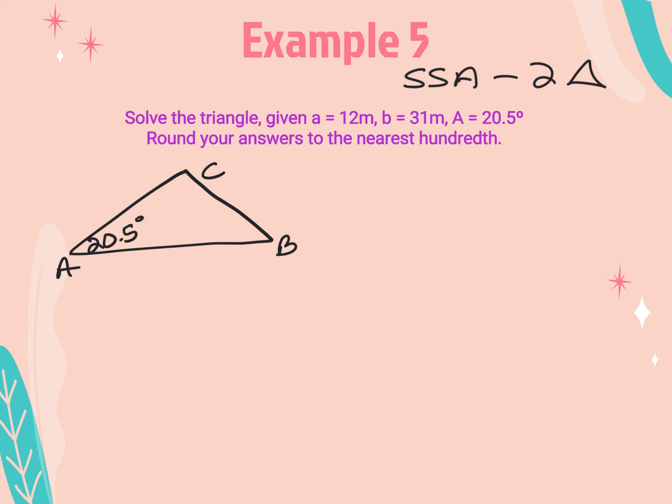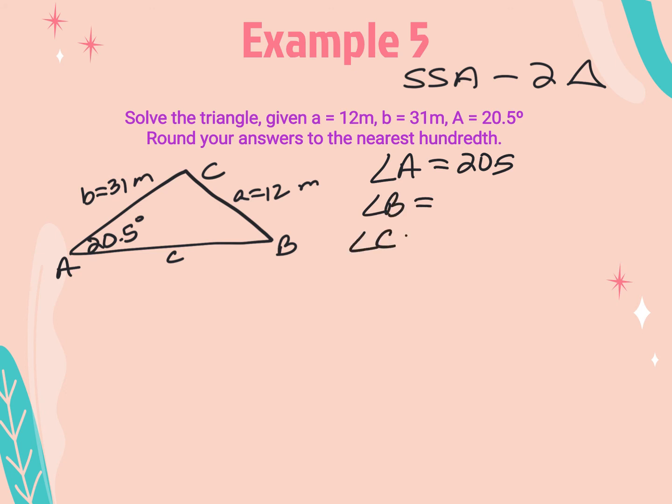I'm given side A is 12. Side B is 31. And I don't know lowercase c. So angle A, 20.5. Angle B, I don't know yet. Angle C, I don't know. Little a, 12. Little b, 31. And I still have to find C.